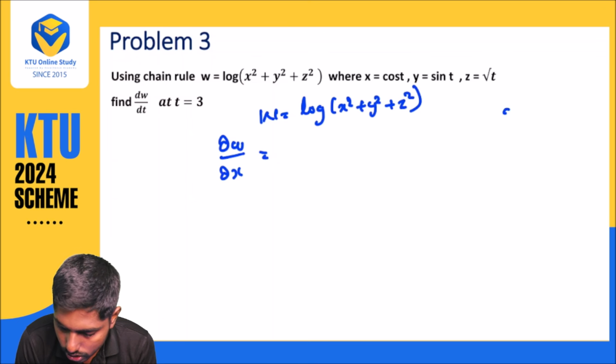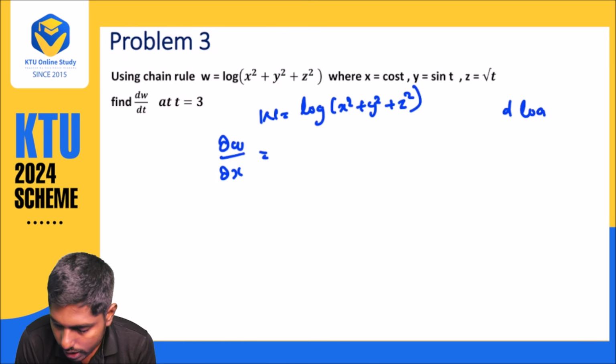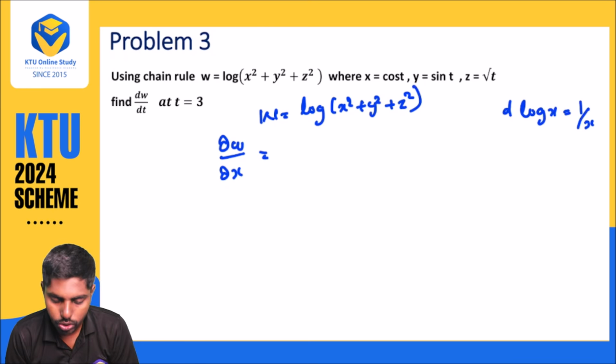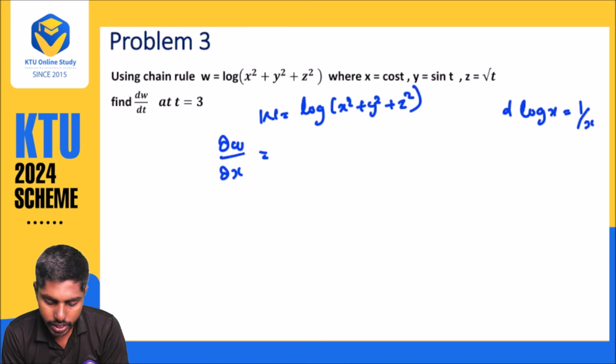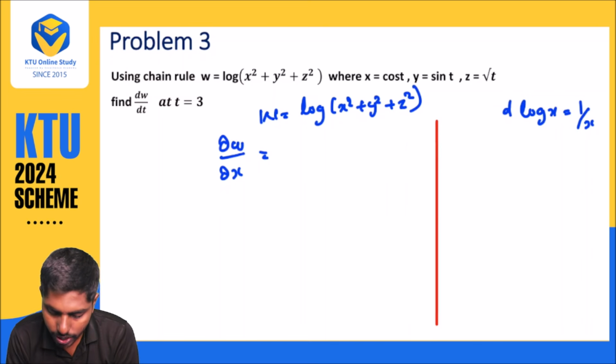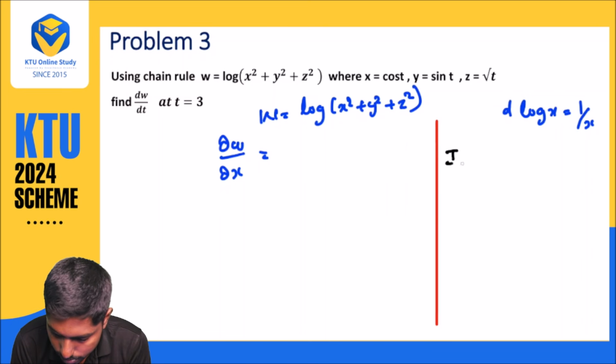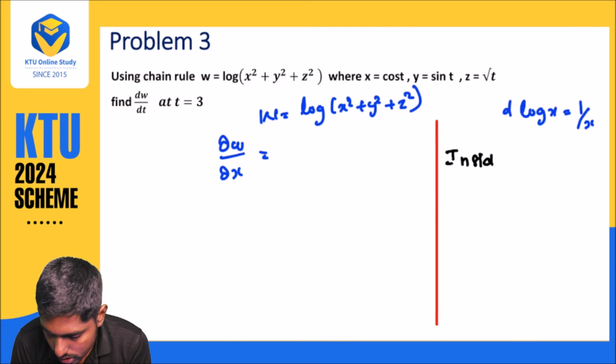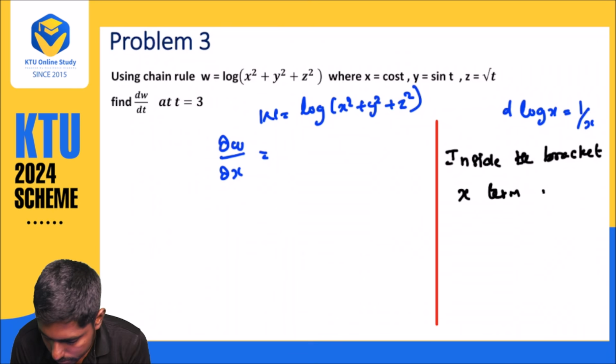What is the differentiation of log x? That is nothing but 1 by x, no? Similarly, first we want to complete the bracket. It is log of the bracket, so first, inside the bracket, x is present.